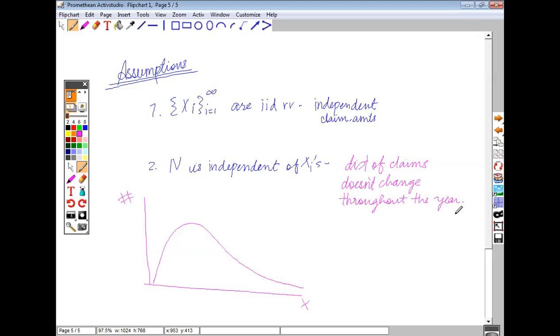Do you get this? If I know that there is a higher chance of a mid-range claim occurring, and a much lower chance of a higher amount of claim occurring. So let's say these are my claim amounts and these are my claim numbers. If I know that the number of claims I incur of this amount are these many, and I change this to this many, then what will happen?